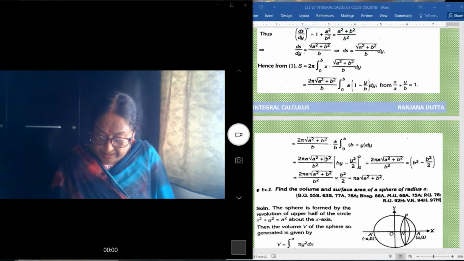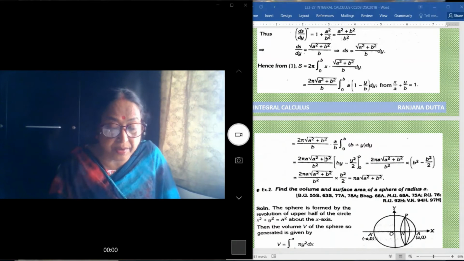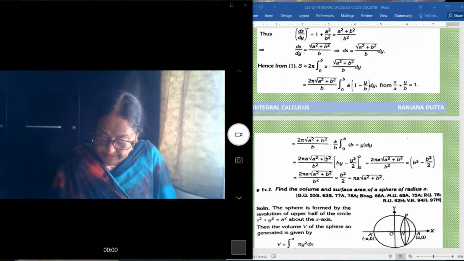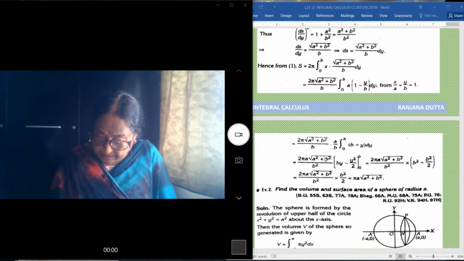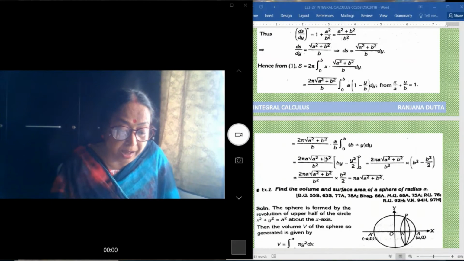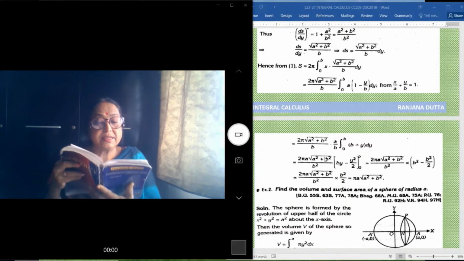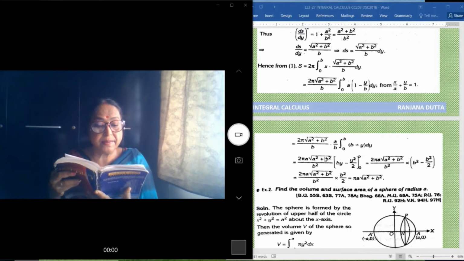We integrate it, and after dy remains, again integrating y with respect to y, we get the result as we can see.